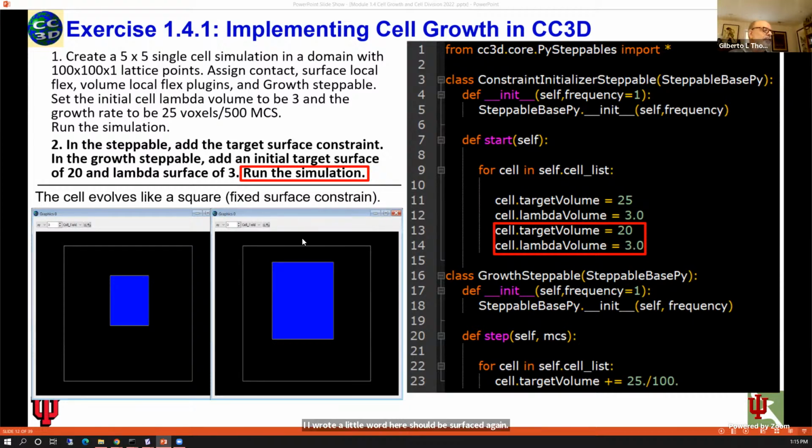Anyway, with the surface constraint of 20, the cell cannot grow accordingly to the volume, because this constraint limits the size of the cells to be a straight line. So the cell grows as a square.